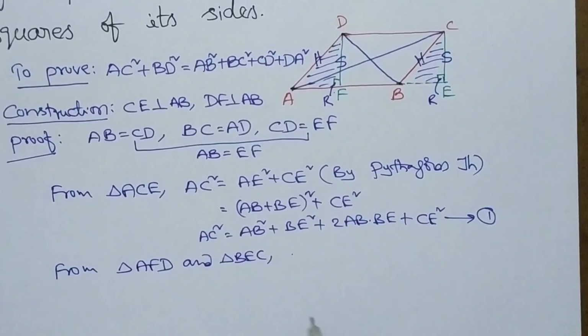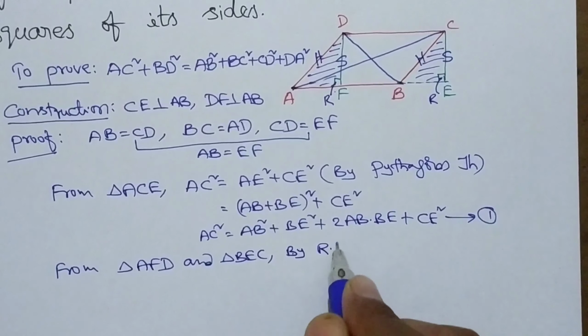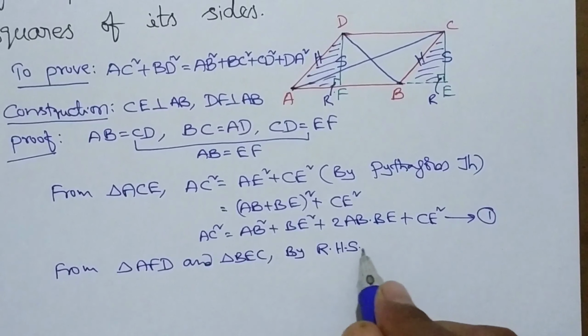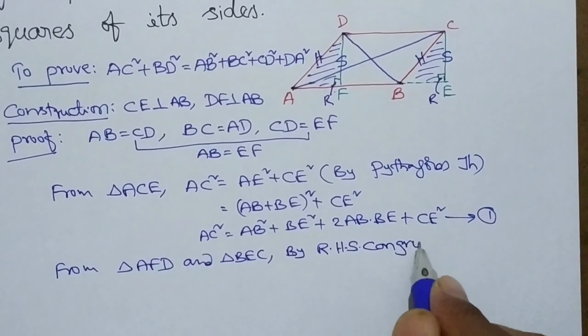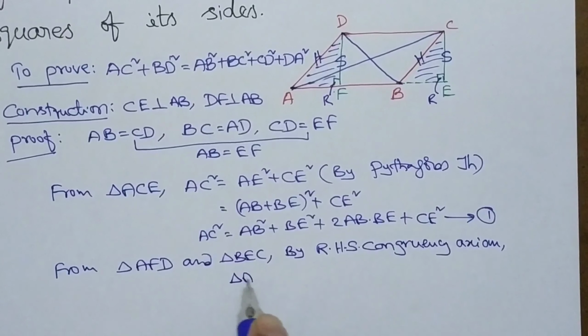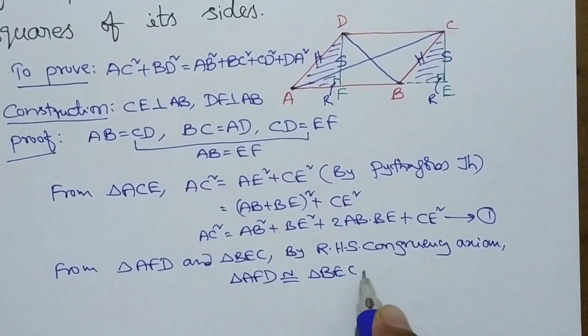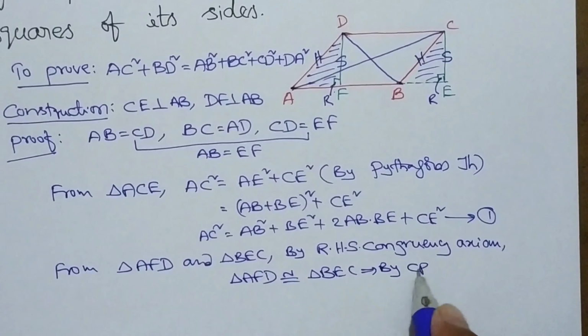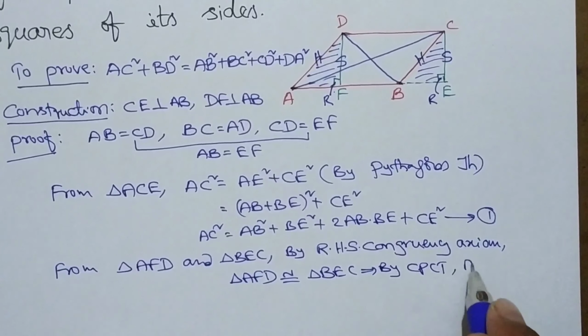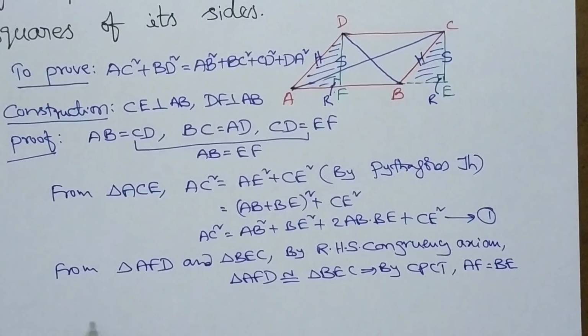So by RHS congruency both the triangles are congruent. So by RHS congruency axiom, we can say that triangle AFD is congruent to triangle BEC. So by CPCT we can say that AF is equal to BE. Okay, so let us keep it aside, it will be helpful for us. Now we consider triangle DFB.